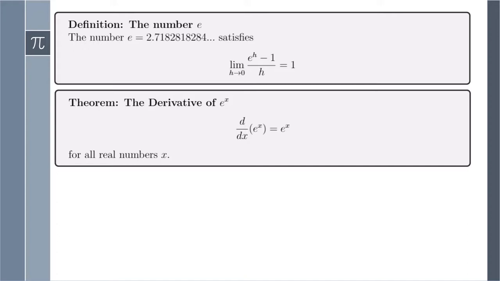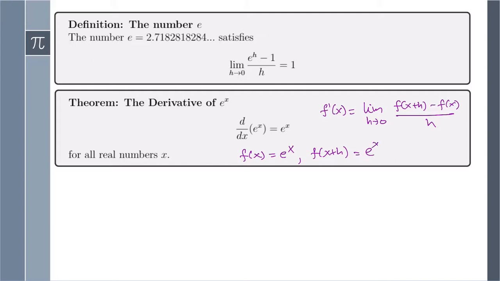The definition for the derivative is the limit as h approaches 0 of f of x plus h minus f of x over h. So this limit gives us the derivative. Now here f of x is e to the x. That means f of x plus h is e to the x plus h. So let's go ahead and use this definition.